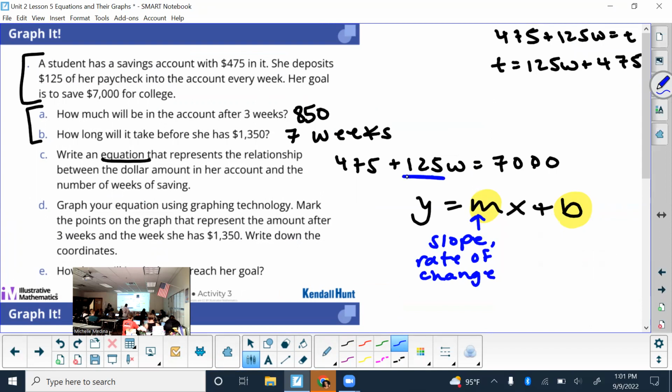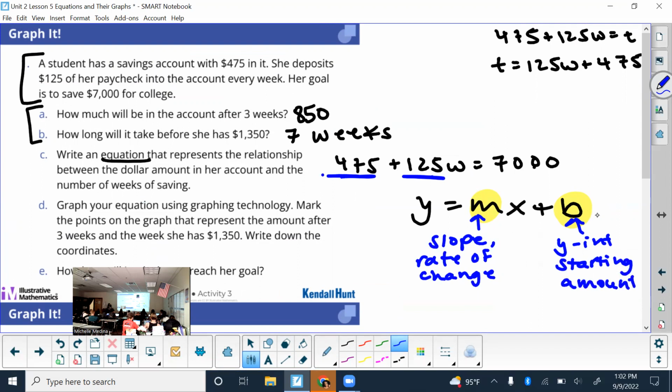So my slope usually tells me I'm going to multiply it by something. And then my B is my what? That's usually what I'm starting with. Isn't she starting with the 475? Yeah. So that's usually any sort of starting amount that you have in the problem.